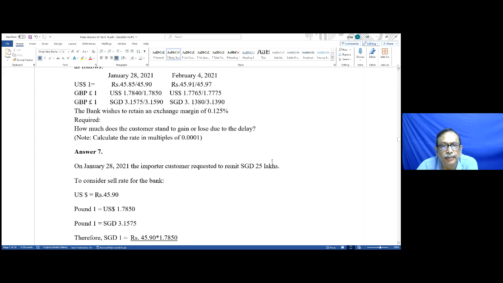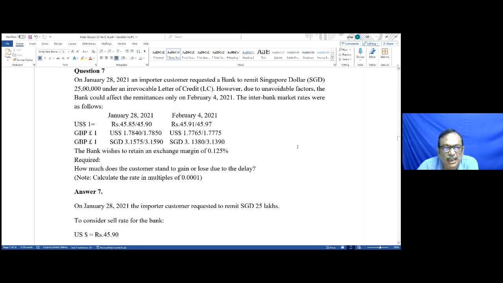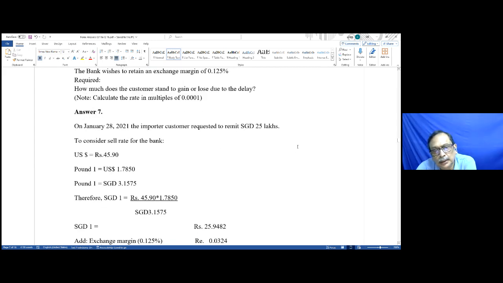So let us proceed with the solution. Please try to understand what solution we are doing. On January 28, 2021, the importer customer requested to remit Singapore dollar 25 lakhs. That is the main concept.